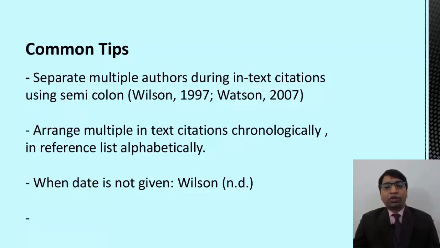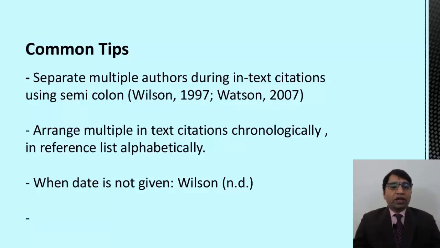Maybe they both said, for example, that education for women is as important as education for men. And maybe this thing has been said by multiple authors. So for that, we separate the multiple authors in in-text citation with a semicolon.